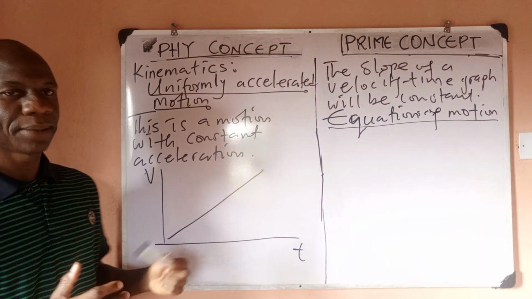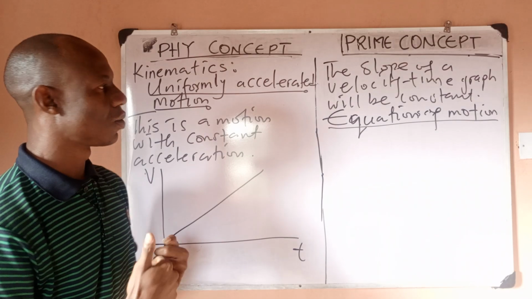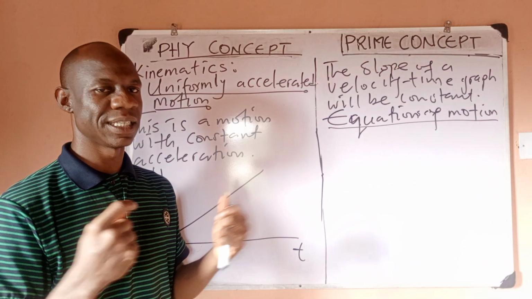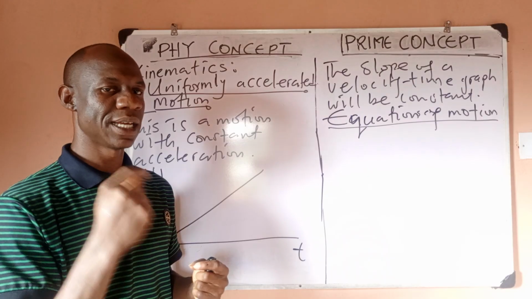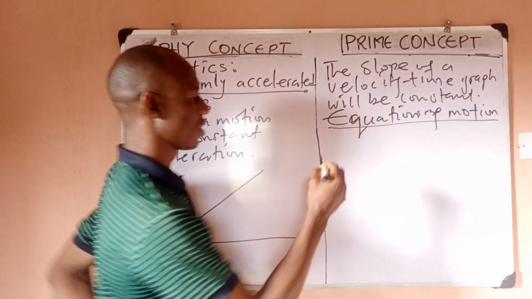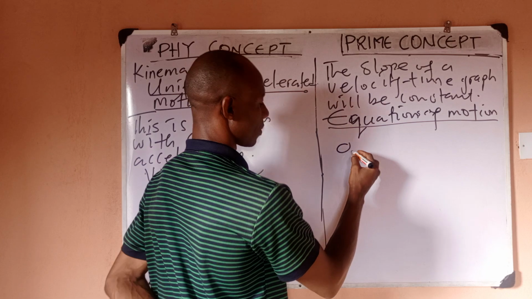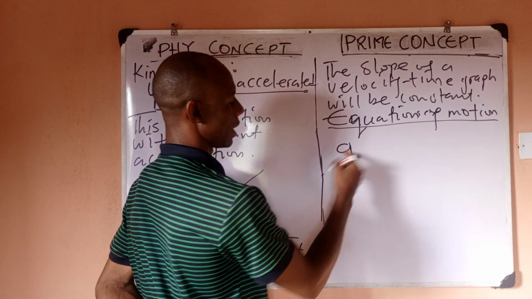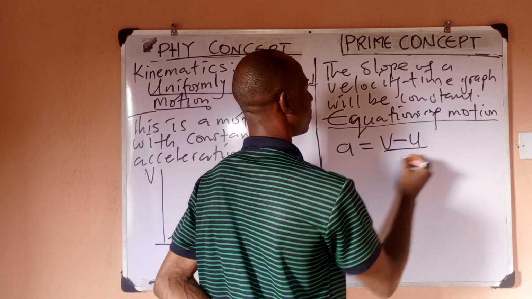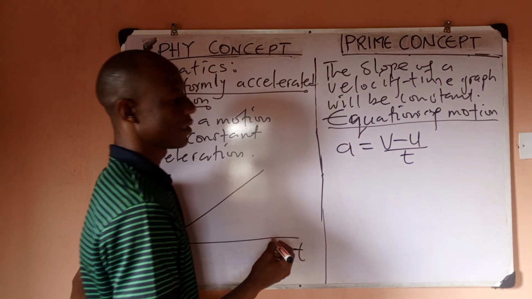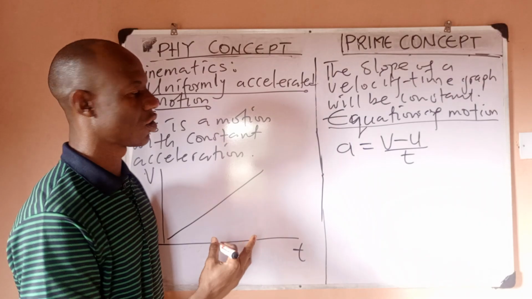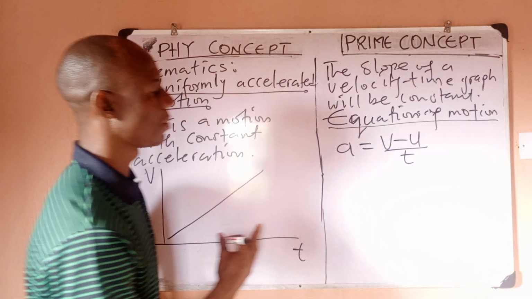One of them is, if you recall, when an object travels with varying velocity, say it starts with an initial velocity and then moves on to a final velocity, then the acceleration is given as a, which is v minus u divided by t, right? What we want to quickly do here is to make v the subject of the formula.